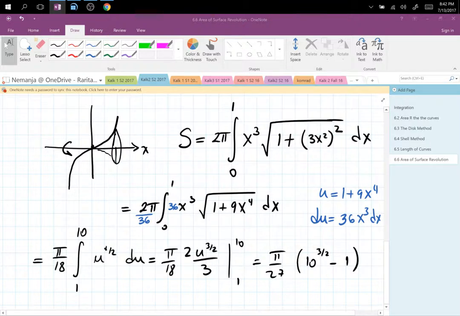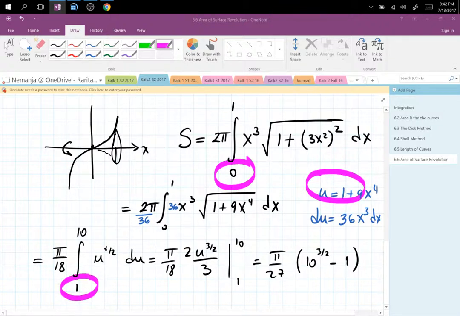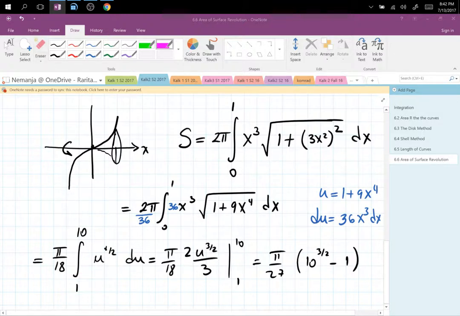In the original problem, it was X everywhere, dx. The new limits have to be in U, and we just used the U transformation to change them. I used this 0 in the U substitution to come up with 1, and then I used 1 in the same combination. So you are transforming the integral.